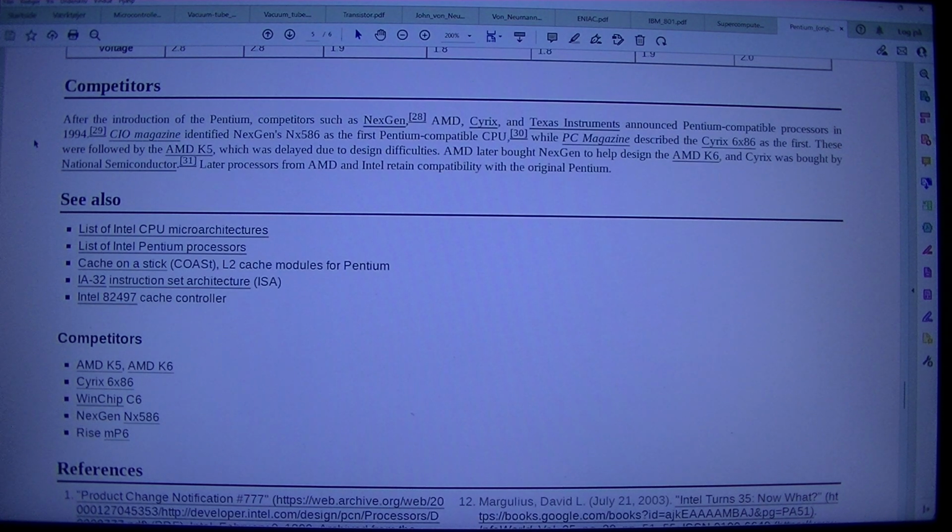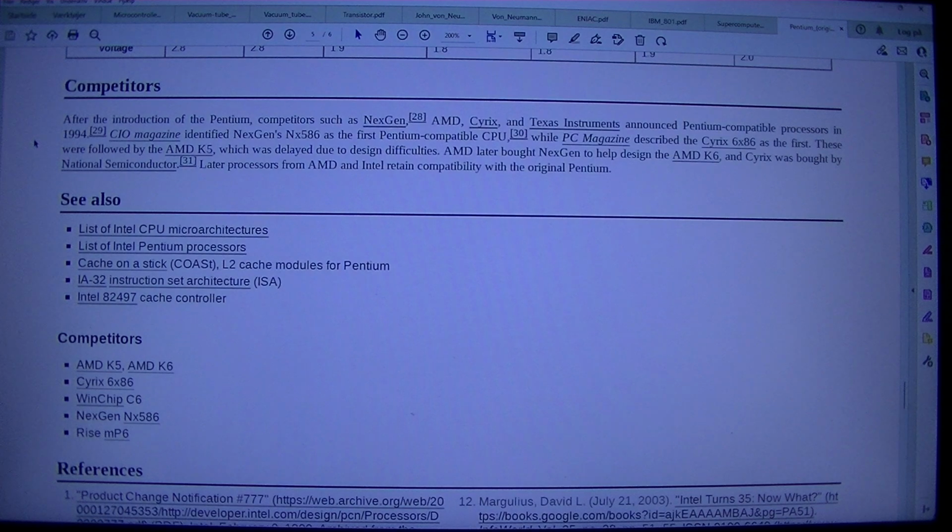These were followed by the AMD K5, which was delayed due to design difficulties. AMD later bought NexGen to help design the AMD K6, and Cyrix was bought by National Semiconductor. Later processors from AMD and Intel retain compatibility with the original Pentium.